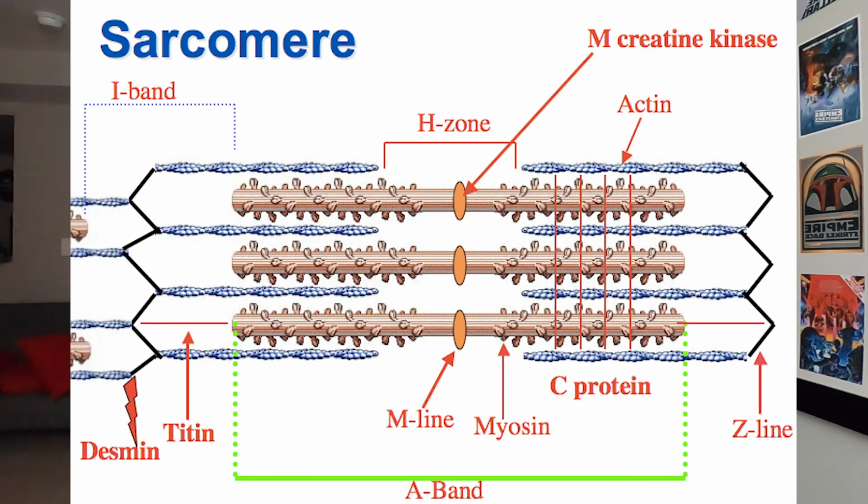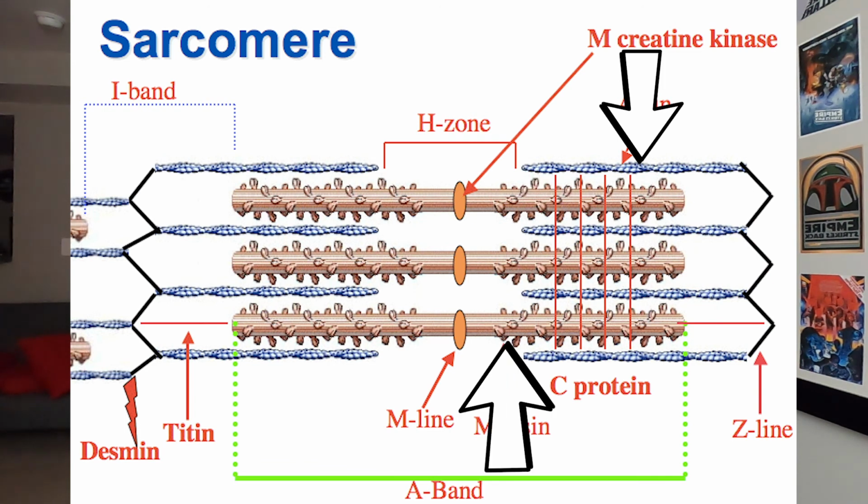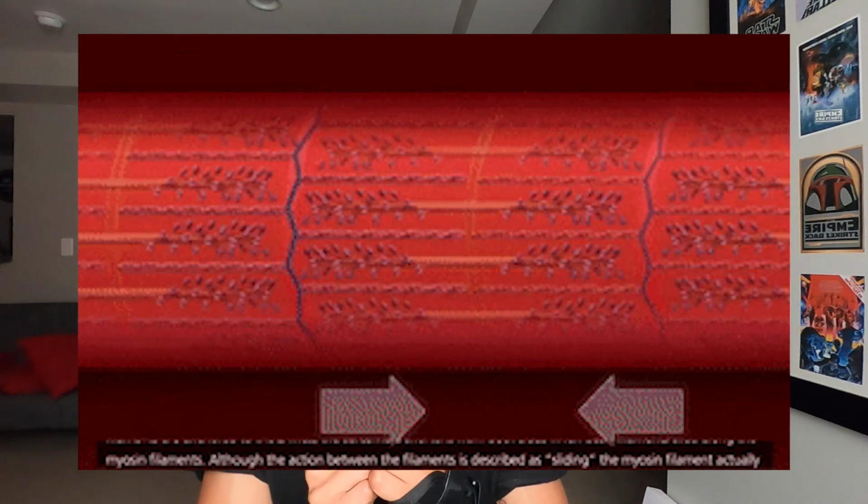Then you have the muscle filaments, the filaments being actin, myosin, and then some other stuff like titin. The most important things are the filaments, because they are the ones doing the contraction.